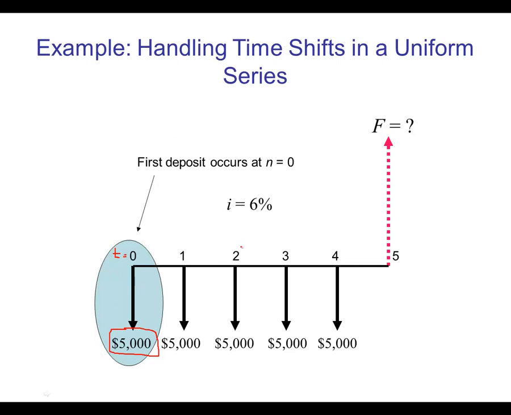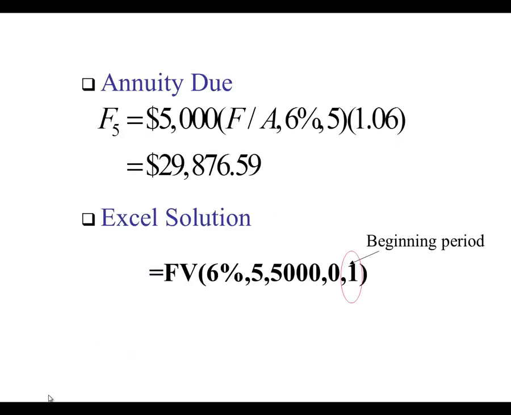What will be the calculation in this case, and how can we do it? The solution is to do the initial calculation as we did before, finding the factors and multiplying by the annuity, and that will give you the value.